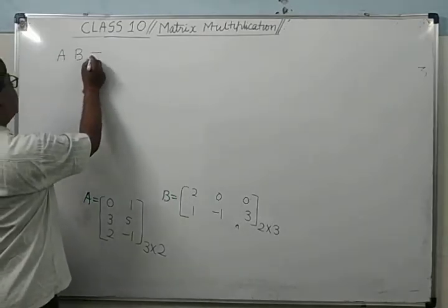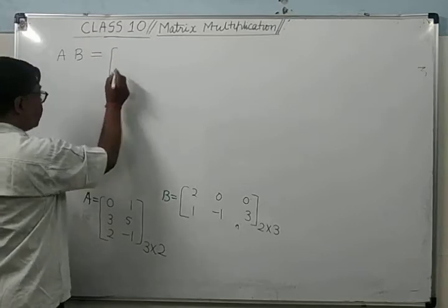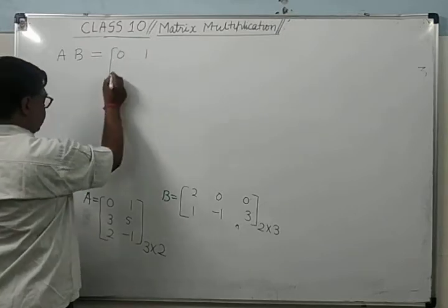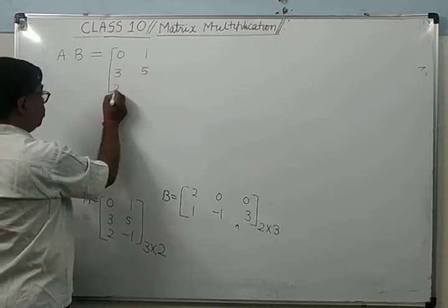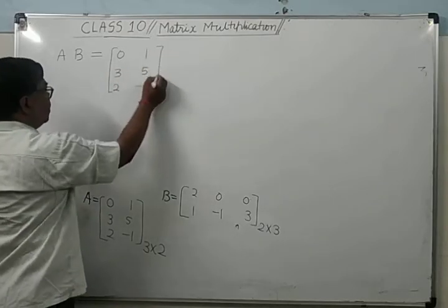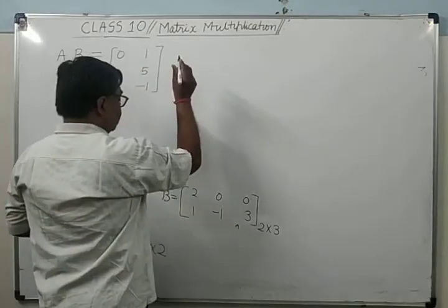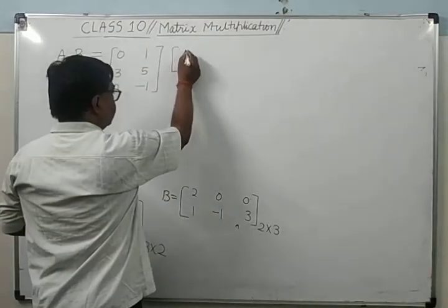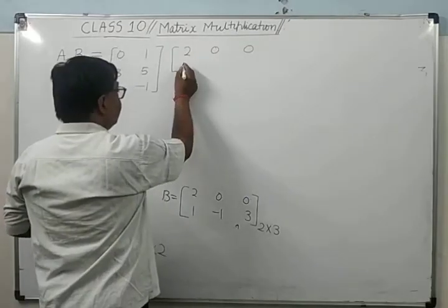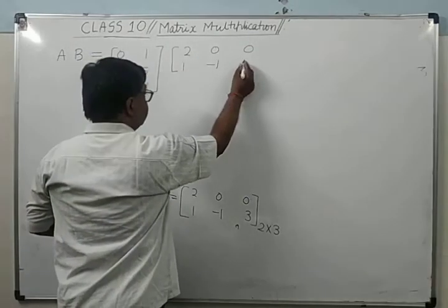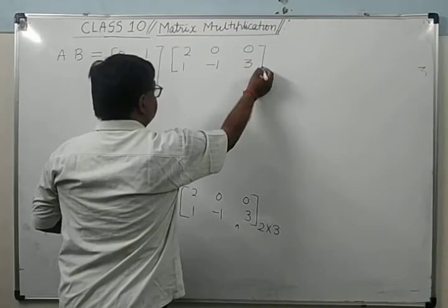First you write down both the matrices. First matrix is 0 1, 3 5, 2 minus 1. Then 2 0 0, 1 minus 1. Is it clear?